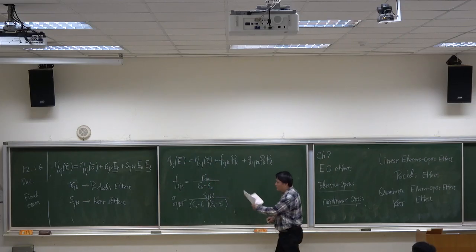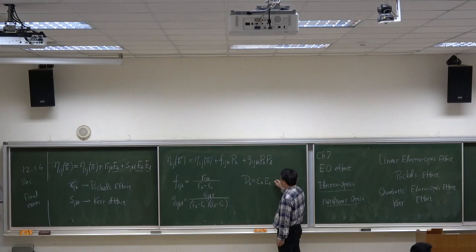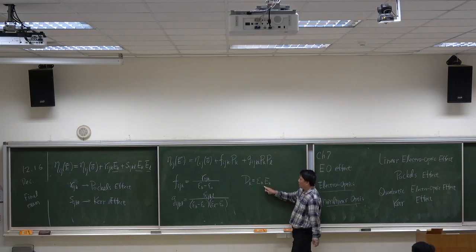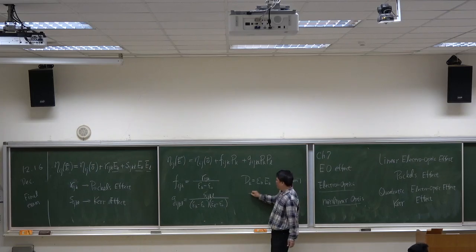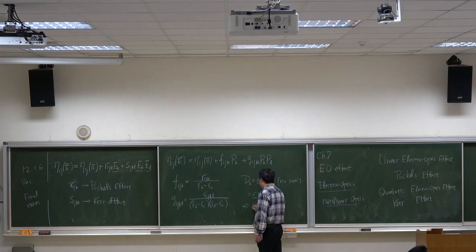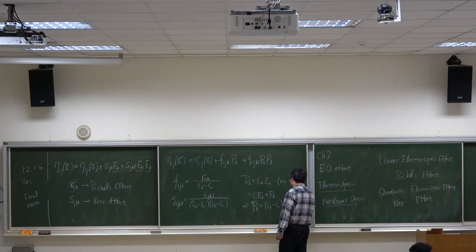It's easy to derive this result because you know that D is related to E, which is equal to epsilon 0 times Ek plus Pk. So this means that Pk is epsilon k minus epsilon 0 times Ek.